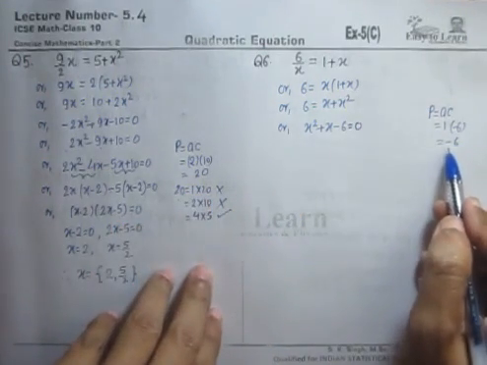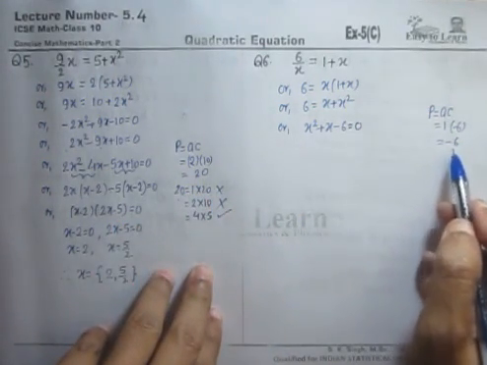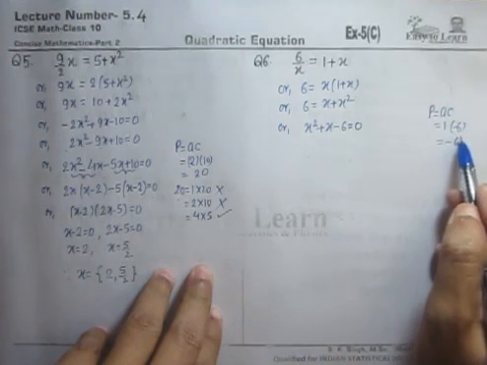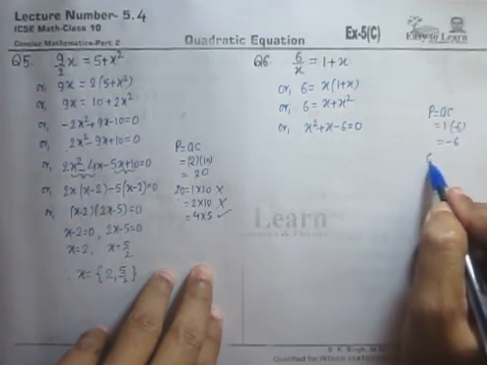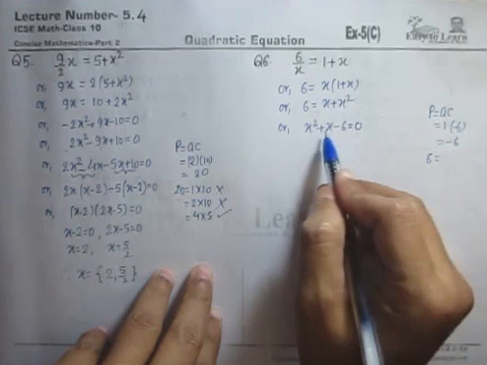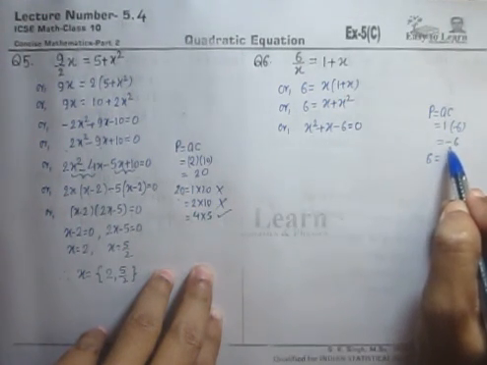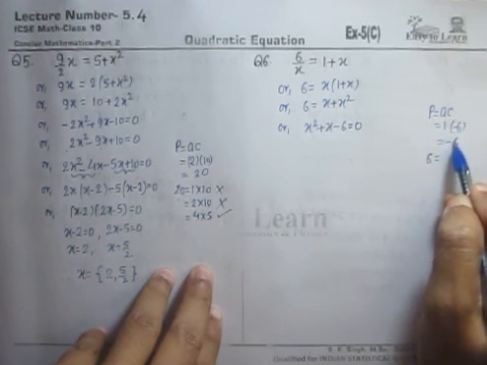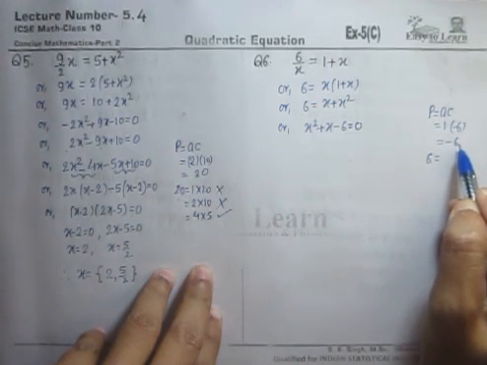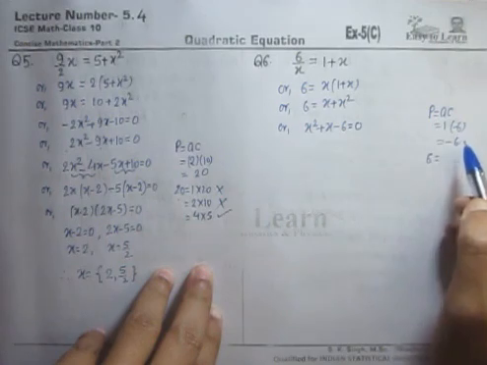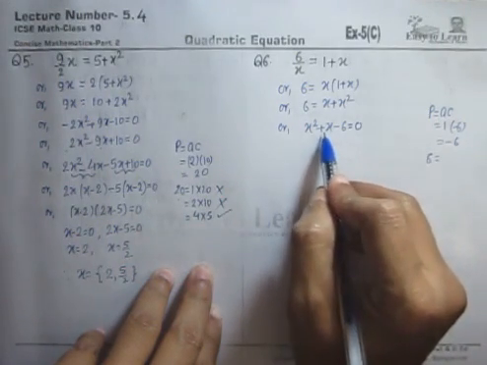What I have said, if the product is negative, then express this product as a product of two numbers such that their difference must be equal to the middle term.